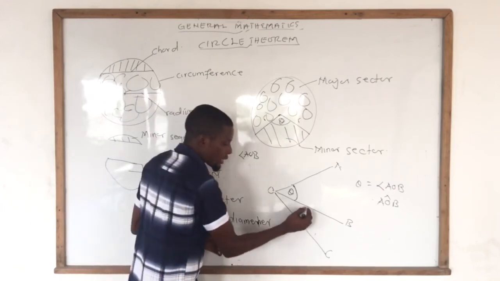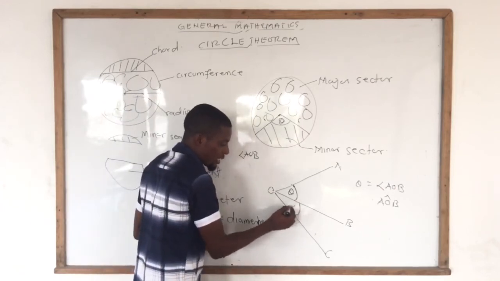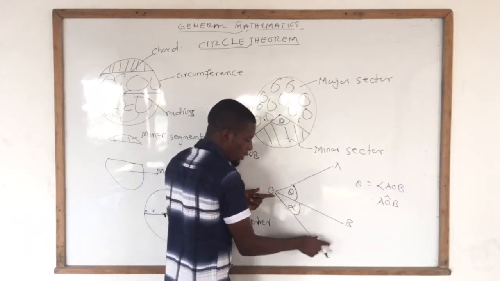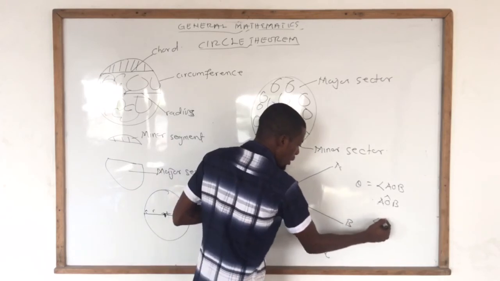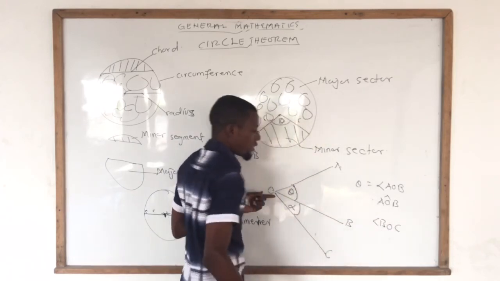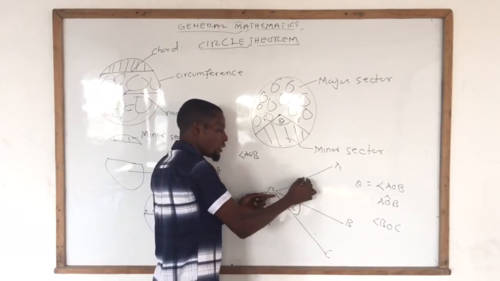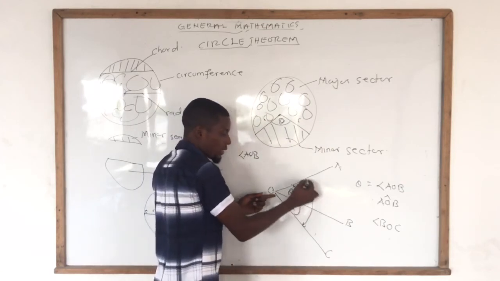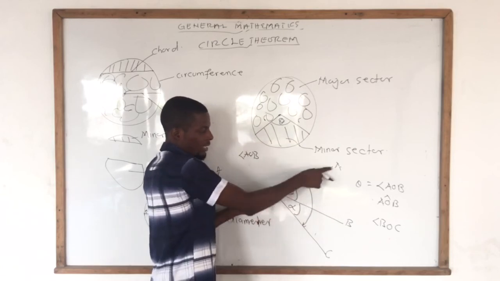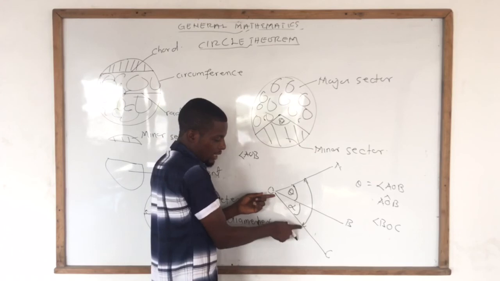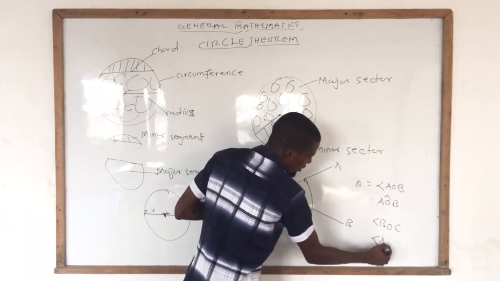Now, what if I want this particular angle, let's say alpha? Look at where it started. It started from the B line and then ended at the C line. So this is angle BOC. What if I want this whole angle? It started from A and ended at C. So this one is angle AOC.